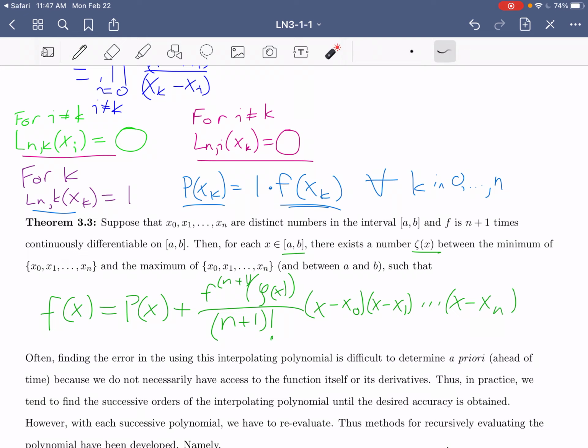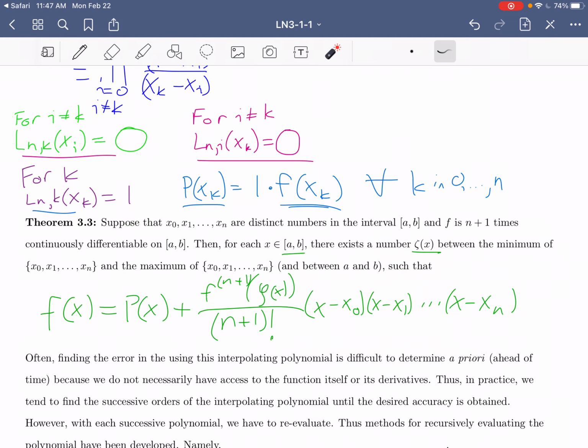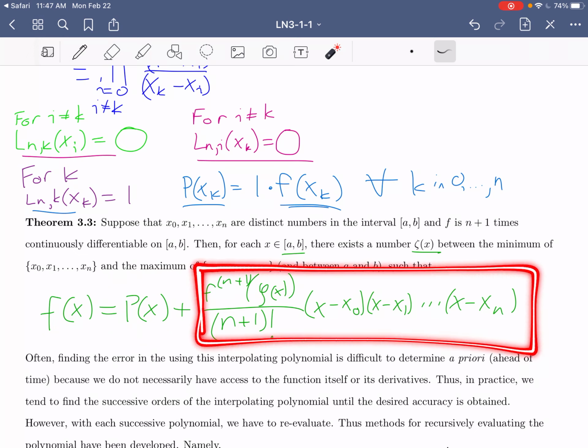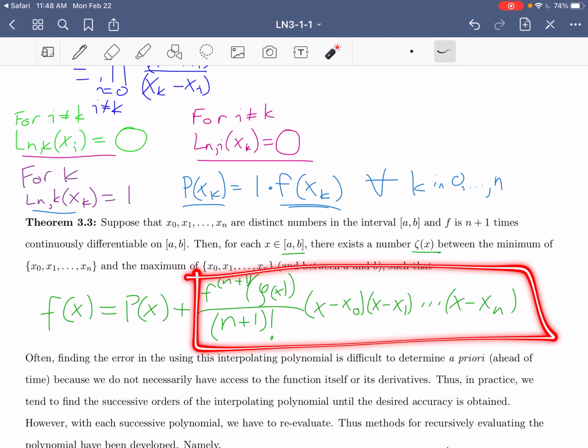This value of zeta is based on the choice of x that you might make. This right here is the error term: the amount of error we have when we approximate our function using this polynomial.